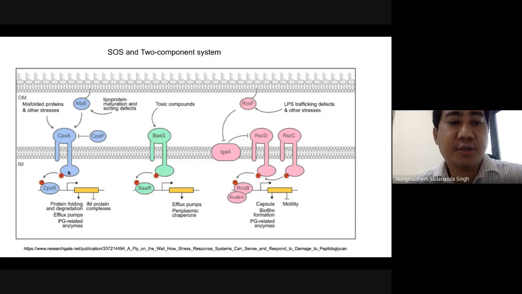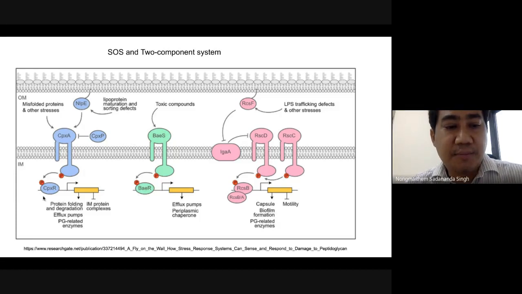Okay, so after this autophosphorylation, there is a phosphorylase system. I think we have talked about this earlier also. The phosphorylase system transfers the phosphate to CPXR in this case, that goes and acts on certain regions.